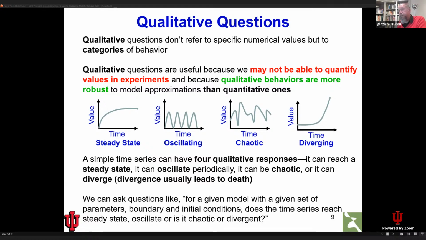Now, biologically, we can never have infinite values of a concentration or a number of cells, and therefore divergence ultimately means something is wrong. The model is going to fail. But over a reasonable amount of times, divergence can be a sensible thing to get. But something else has to intervene to cut off the divergence.